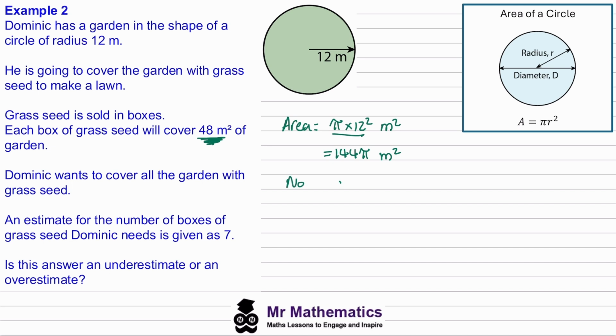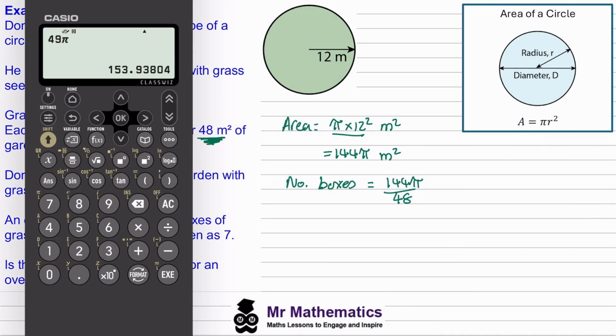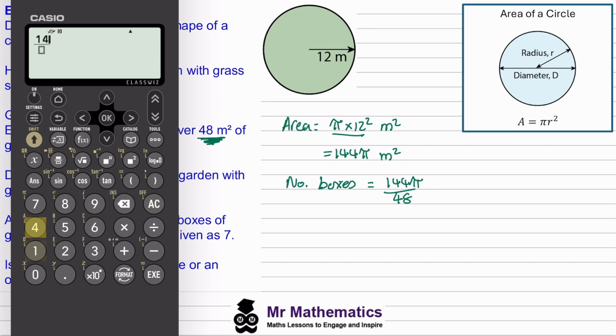So the number of boxes will be the 144 pi divided by 48. We can work this out, and we get 3 pi boxes. Then we need to convert this to a decimal, and we get 9.42.